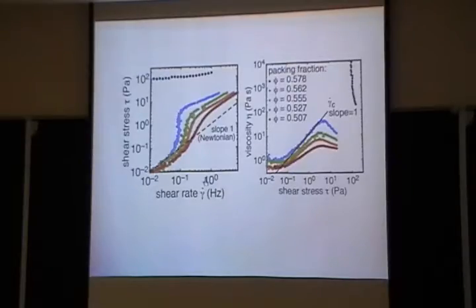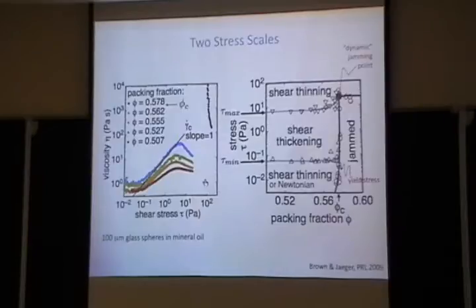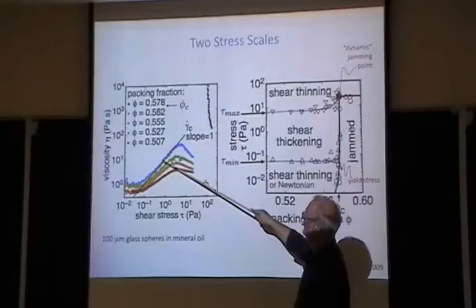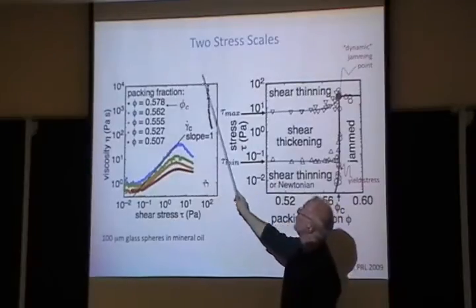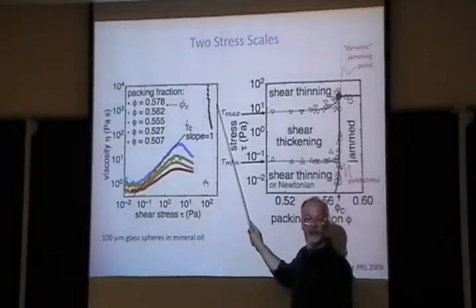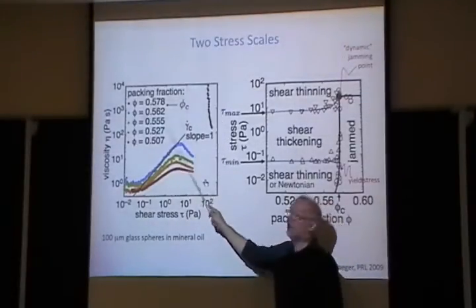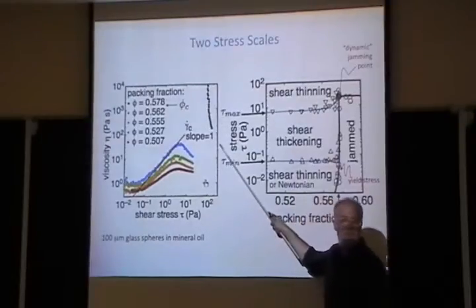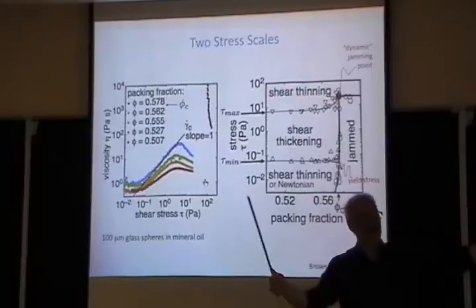So in fact, let's just take that same data on the right, plot it again, here it is, all right? And you see as you march up in packing fraction, boom, it turns into this yielding system. This is essentially something that is a solid down here, and you just break it. And of course it thins, right? I mean, breaking is the extreme case of shear thinning.